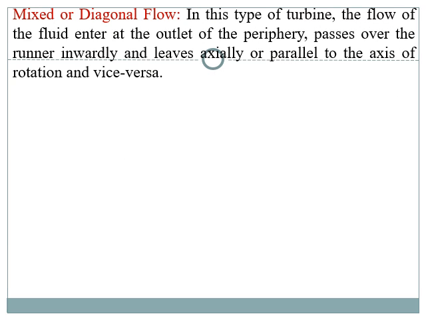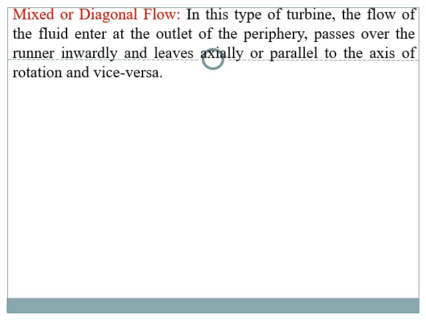Mixed or diagonal flow. In this type of turbine, the fluid enters at the outer periphery of the machine, passes over the inner runner inwardly and leaves axially, or parallel to the axis of rotation, and vice versa. So mixed or diagonal flow means the fluid takes two different directions. The inlet occurs in the radial direction.